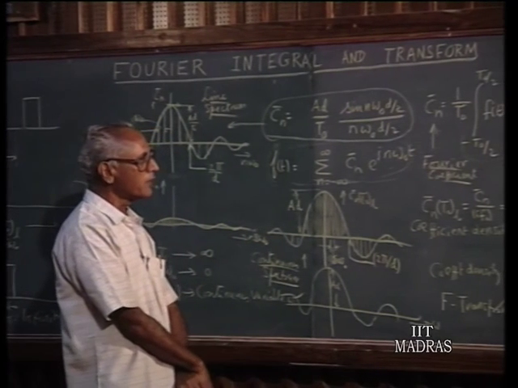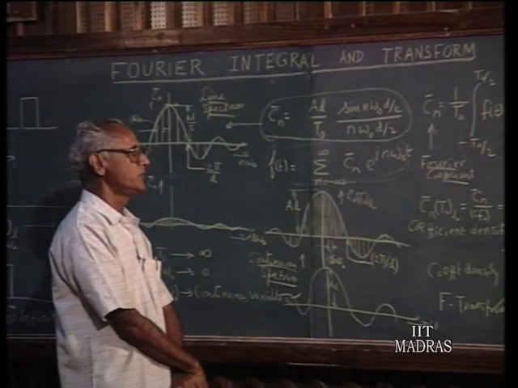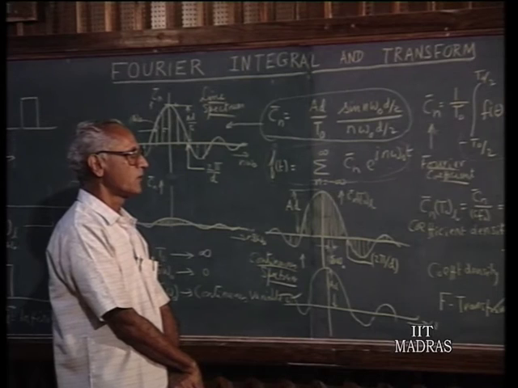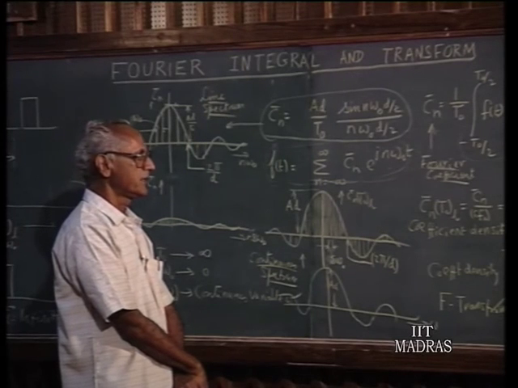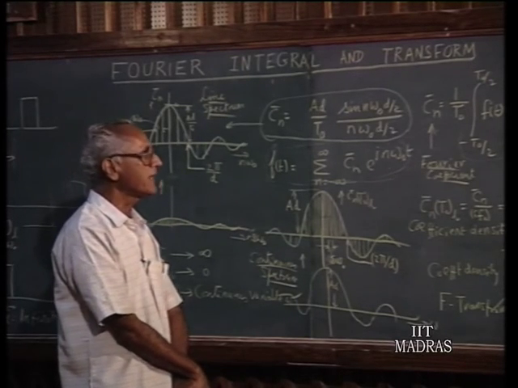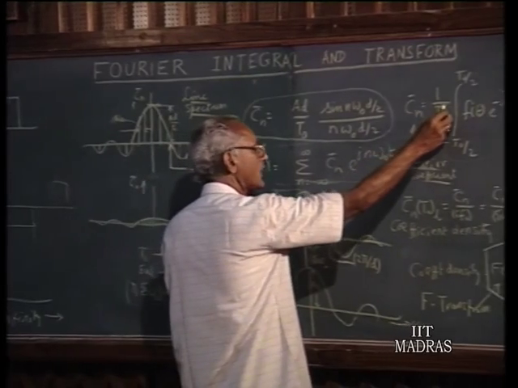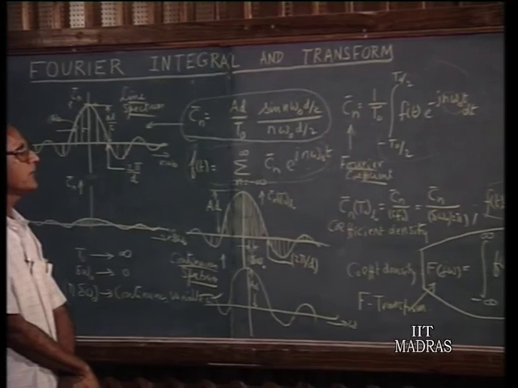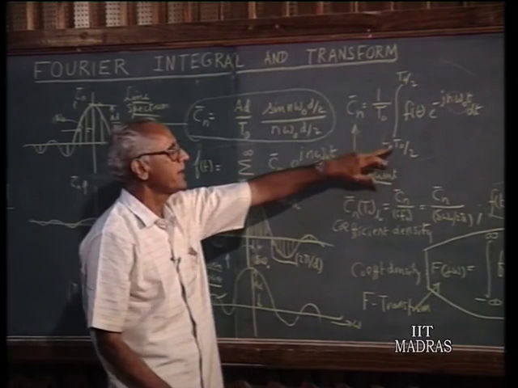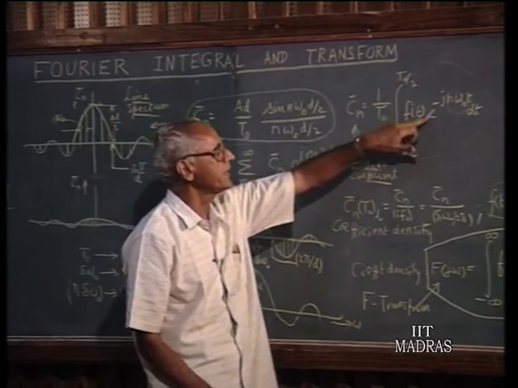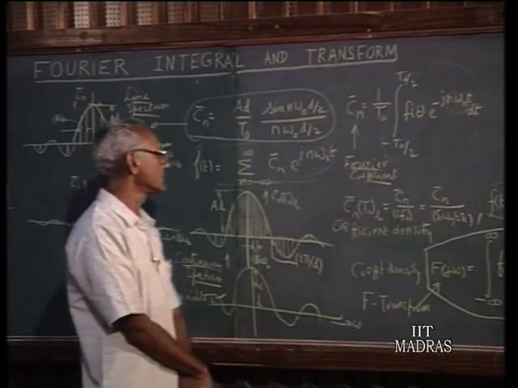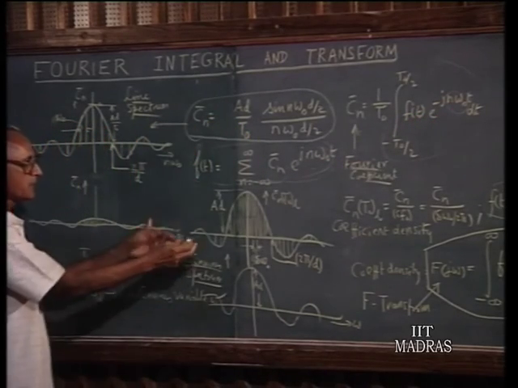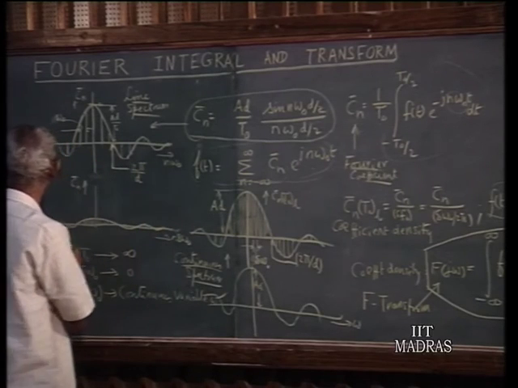If you recourse to this new quantity, which is Cn times T naught, the period, then immediately the trouble that arose because T naught was in the denominator will vanish. Cn T naught will be the integral from minus T naught upon 2 to T naught upon 2 of f of t e to the power of minus j n omega naught t dt, and immediately the spectrum would be like this, corresponding to this periodic pulse train.